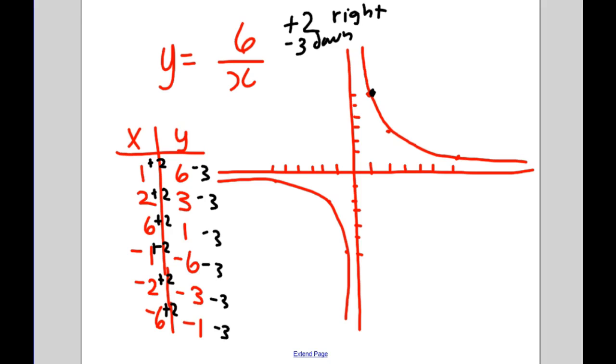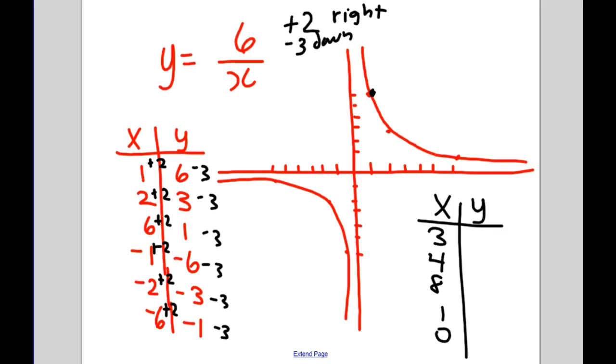So this will be our new table. If this was 1 and we had to add 2, this new point's going to be 3, and I'm just going to add all the 2's to the x side. So 2 + 2 is 4. Then I get 8. Then I get 1. Here I get 0. And then I get -4.